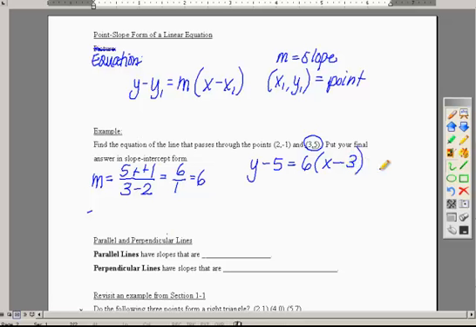And from here, all I'm going to do is simplify it so it's back in slope-intercept form of y equals mx plus b. So I'm going to distribute this out, and I'm going to add 5 at the same time because I know you guys know how to solve these. So y equals, if I've got 6x minus 18 and then a plus 5, my final equation is y equals 6x minus 13.